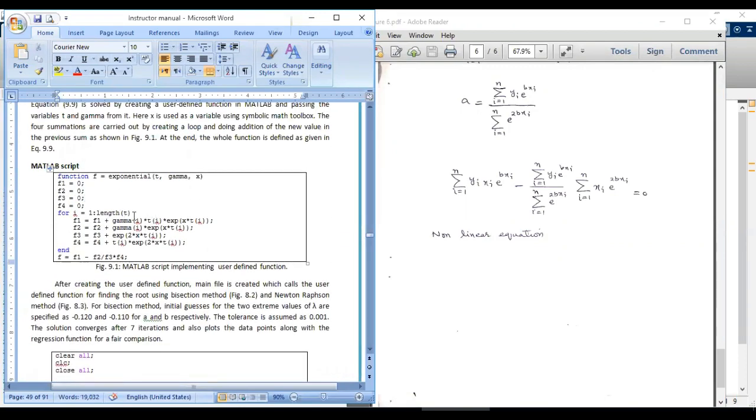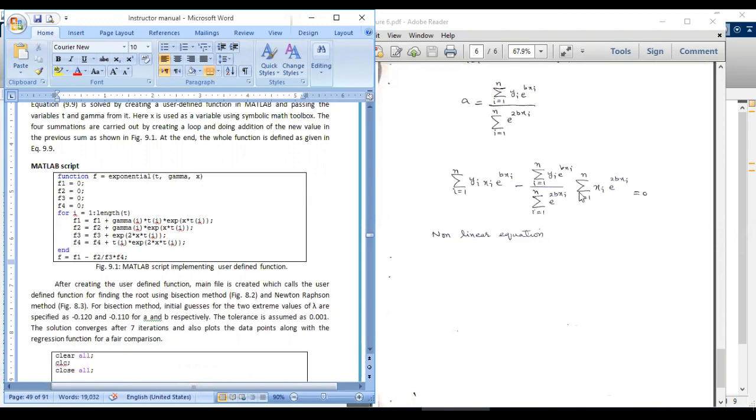So this for loop will run 6 times, and this is our first summation: f1 equal to f1 plus, gamma is actually our yi, and ti is actually our xi, and this x is actually our b, right? And xi is actually our ti. So this is our first summation.